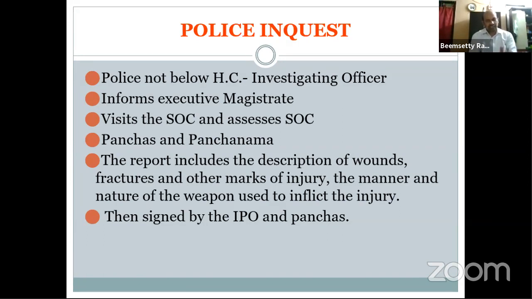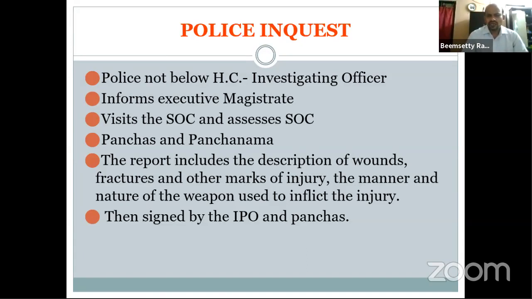And what I have mentioned is panchas and panchnama. Who are called panchas? Panch means five. And whatever report they make is called panchnama. Why are they called panchas?